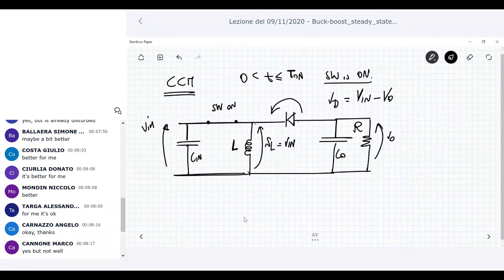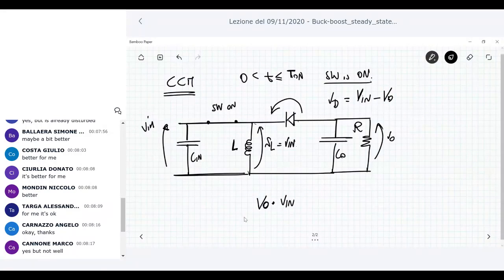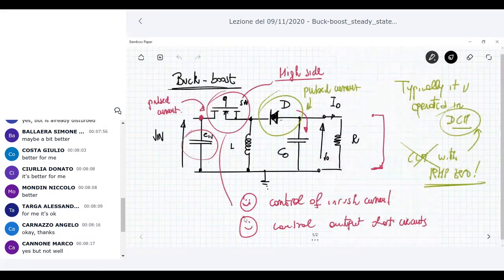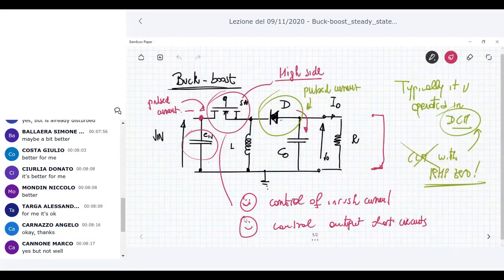The buck boost has as a basic characteristic that the voltage V naught multiplied by the voltage V_in is less than 0. So that means that if you have a positive voltage at the input side, for example with this polarity, the output voltage has an opposite polarity.